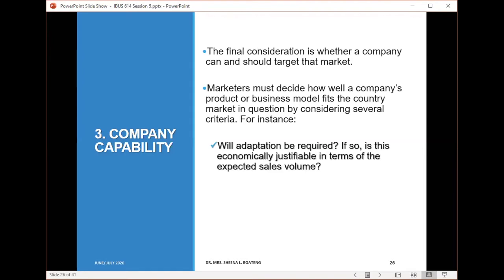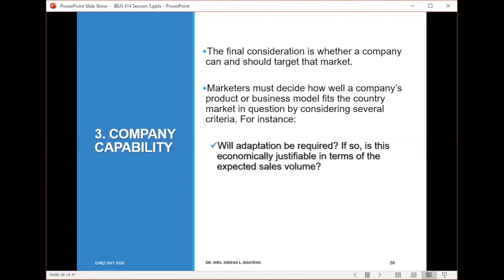If so, as a firm, you need to ask yourself, is this economically justifiable in terms of the expected sales volume? Because usually as marketers, we also try to forecast how much sales we are going to make in the market, what price we should sell it at, in terms of whether we are aiming at breaking even or making a profit or making losses. We need to be able to determine all these things.